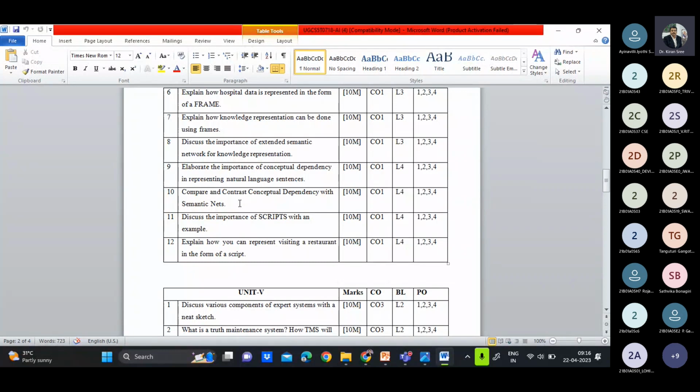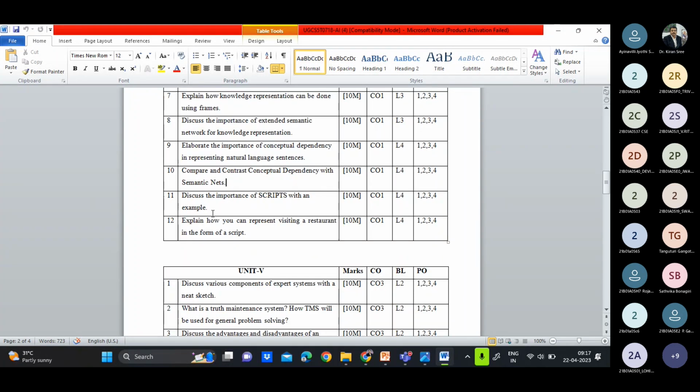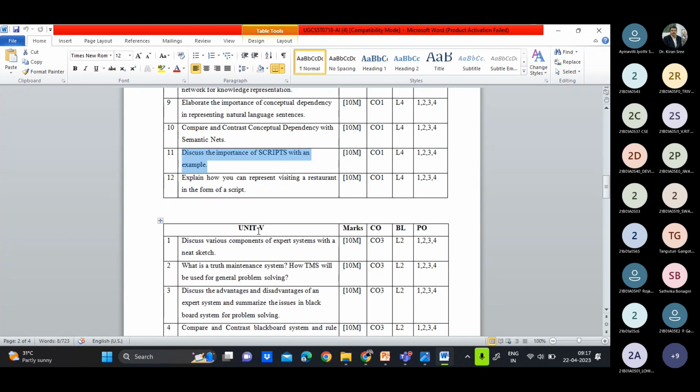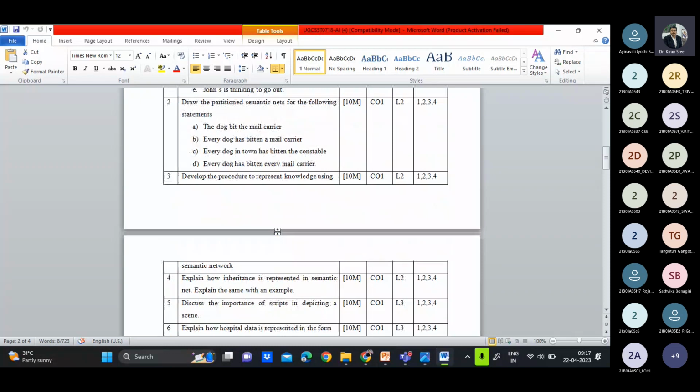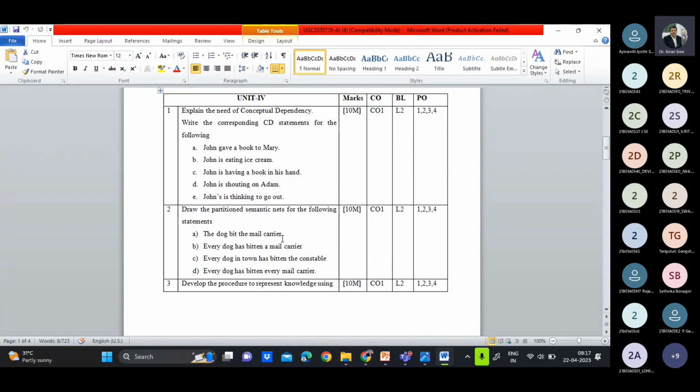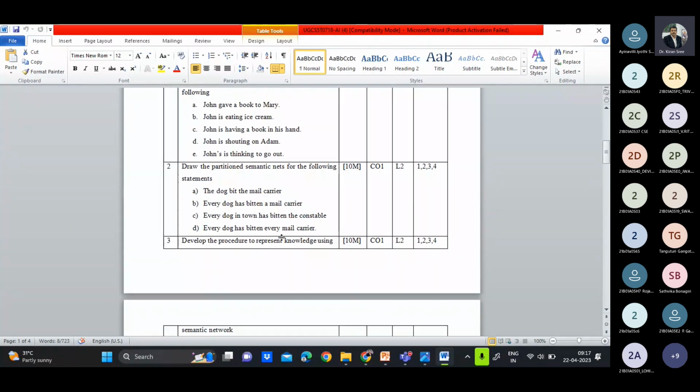You can write the disadvantage of semantic networks, then write the advantage of conceptual dependency, but you have to write all the primitives again. Discuss with an example of scripts; explain how you can represent the restaurant that we have seen. So the fourth unit is a very easy unit that you can attempt the questions.